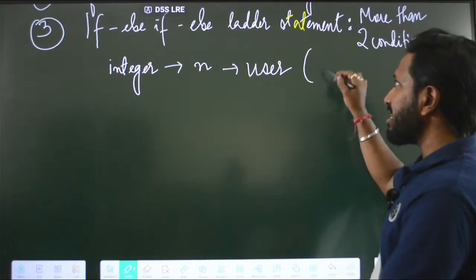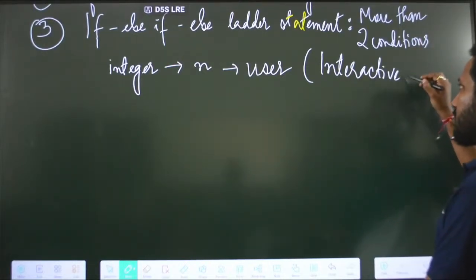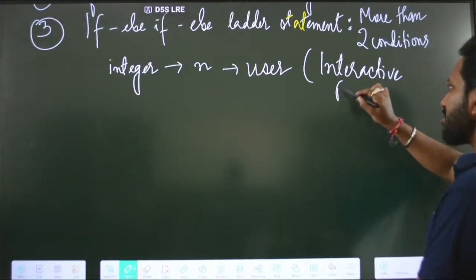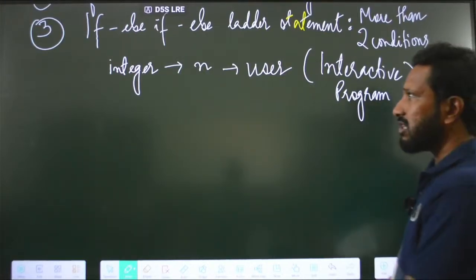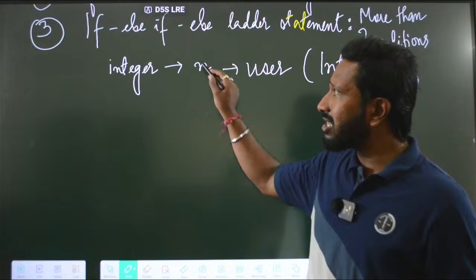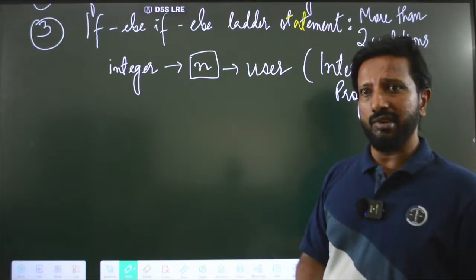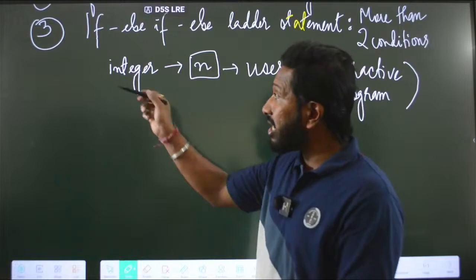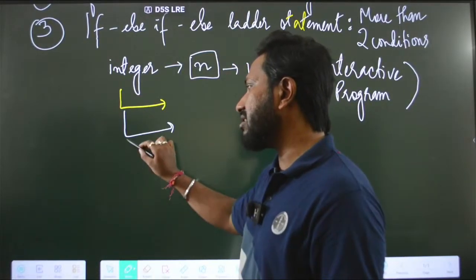That will be an interactive program, because here we can actually take input from the user. Right now I will just take a static value like n equal to 10, n equal to 20, whatever, and then this integer can be of three different types.